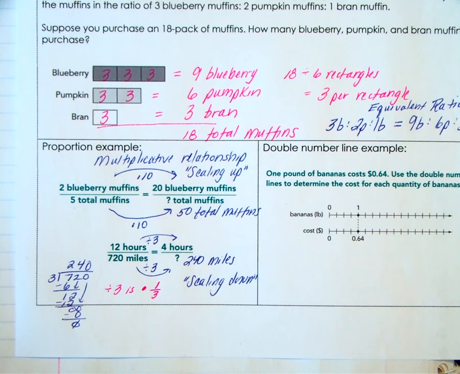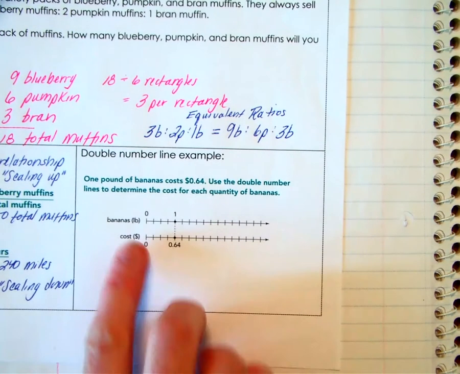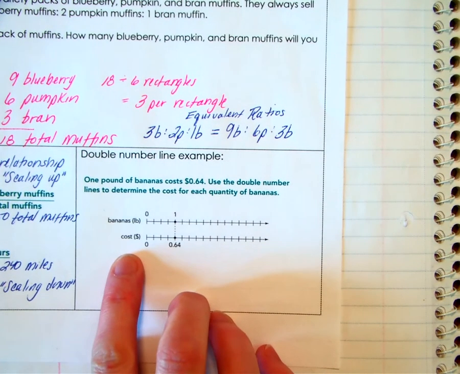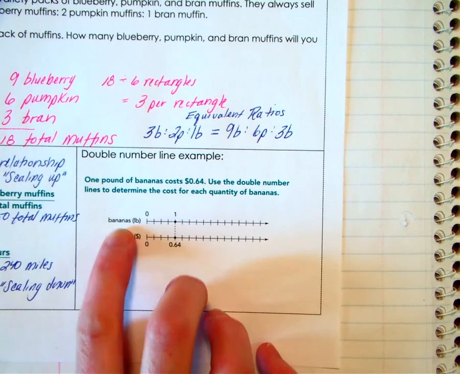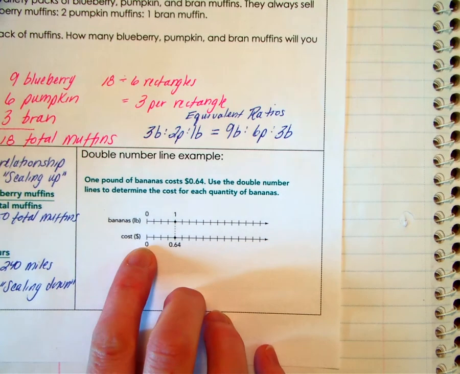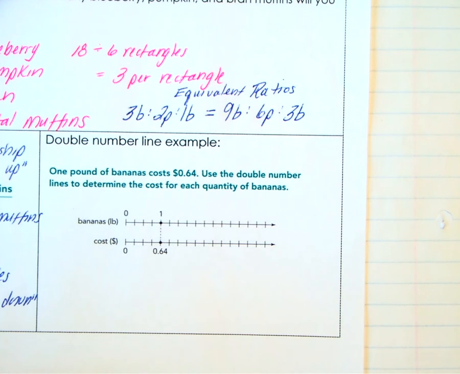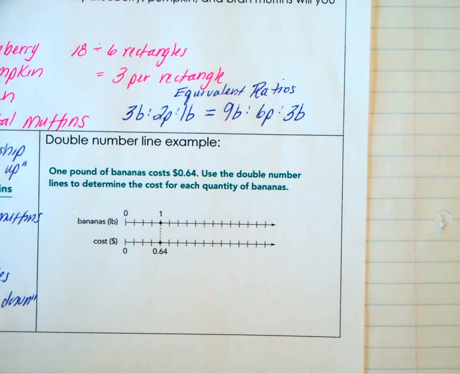Last example on this page is a double number line example. One of the lines represents bananas and the other one represents the cost. Notice that it's bananas in pounds. Cost is in, looks like customary US dollars. 1 pound of bananas costs 64 cents. Use the double number lines to determine the cost of each quantity of bananas. Let's see if we can just test out a couple.